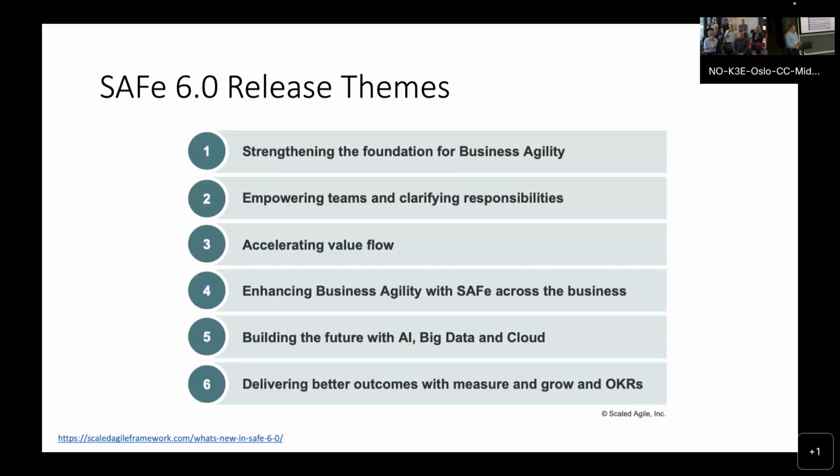So this is from Scaled Agile, the main themes for the changes in 6.0. Strengthening the foundation for business agility, like Thomas was talking about. Focusing on clarifying responsibilities. I've seen that if you don't have clear roles, or at least the responsibilities, it slows down.